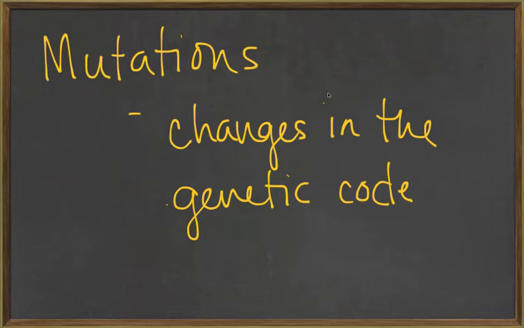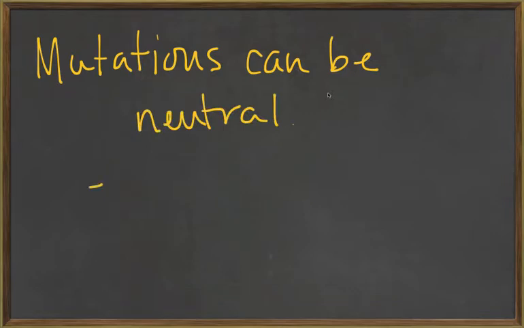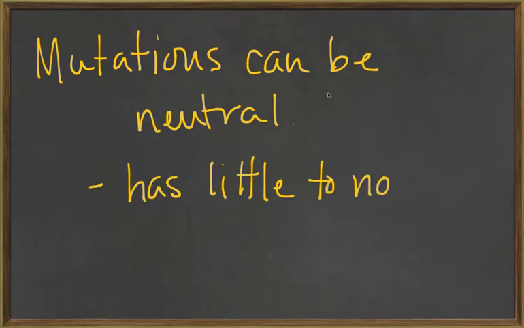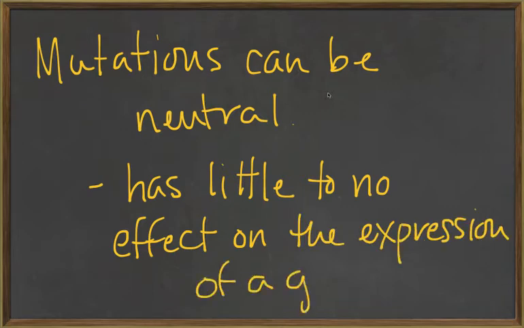Now, this can have several different effects. Sometimes mutations can be neutral. If this is the case, then the mutation has little to no effect on the expression of a gene. When we get into DNA and protein synthesis, when we take our genetic code and we figure out what part of it gets used, and then we translate that into an amino acid sequence, you'll find out that we have 20 different amino acids.